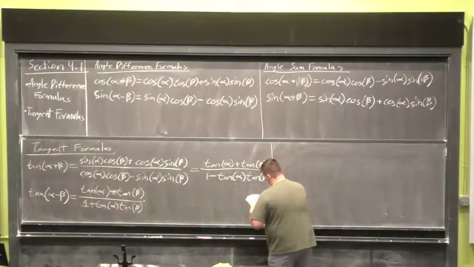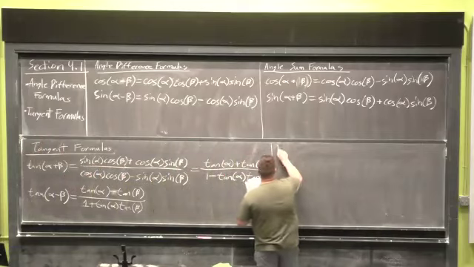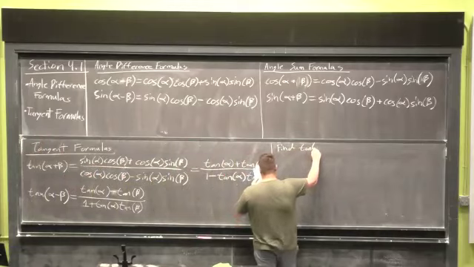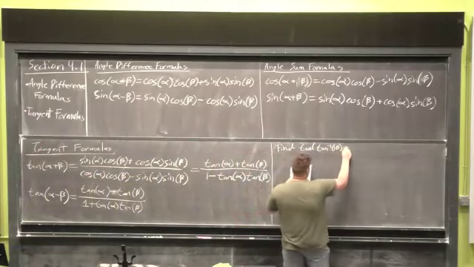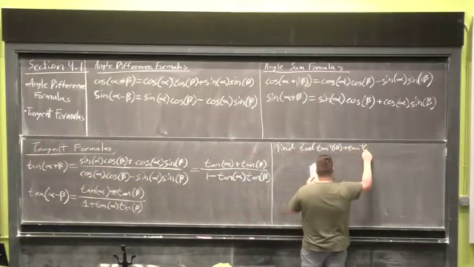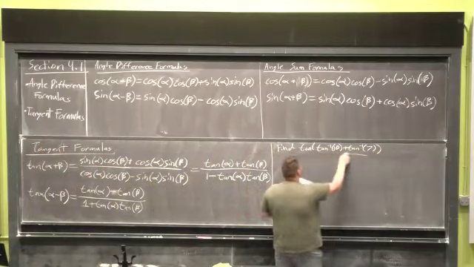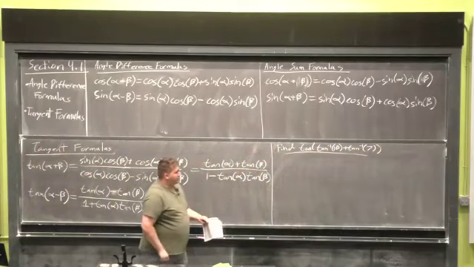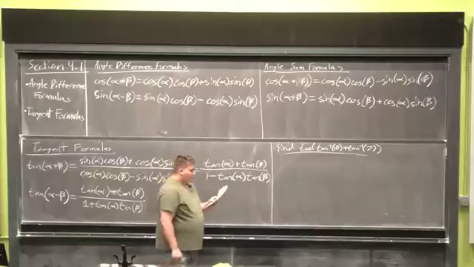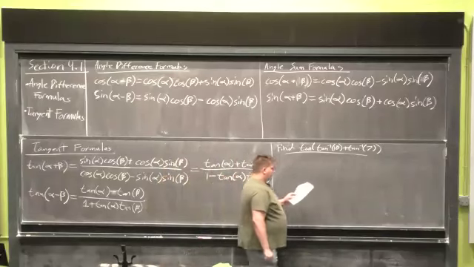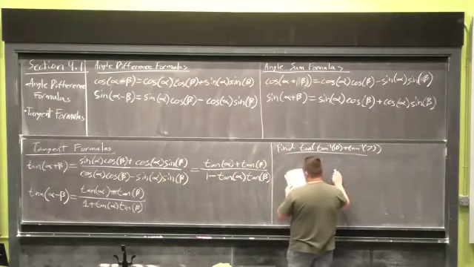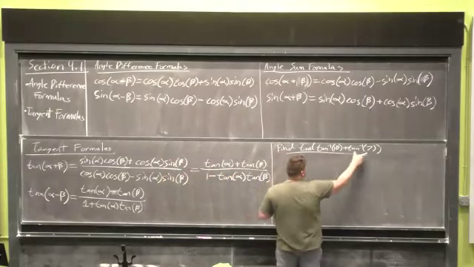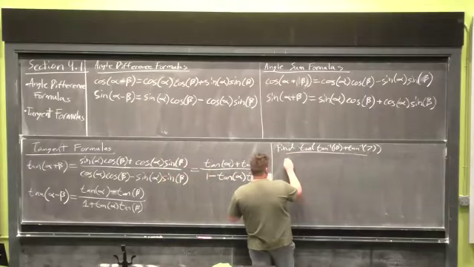Let's take a look at an example real quick. We want to find tangent of tangent inverse of 10 plus tangent inverse of 7. We want to find what this is equal to. What we could do is, this is a value, this is a value.